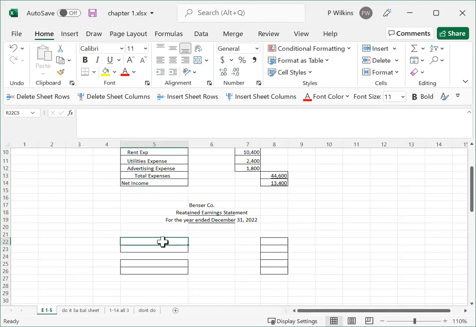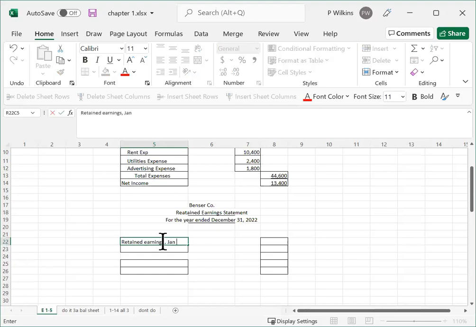Now remember, this is a year ending statement. So that means the first day of the period is January 1, the first day of the year. Now, companies can have different fiscal years, different than the calendar, but right now everything's going to be like a calendar. So it's going to be retained earnings, January 1.